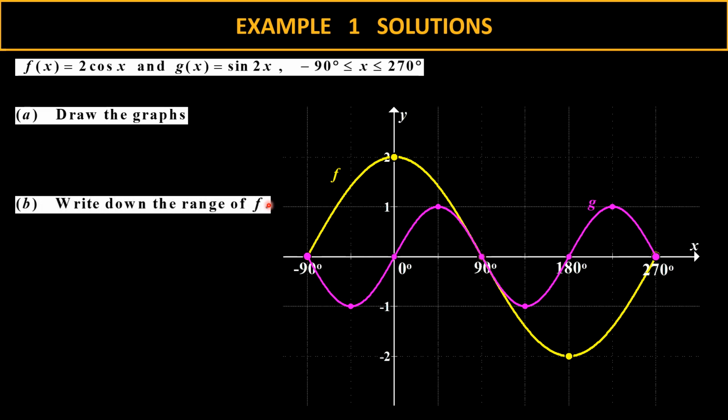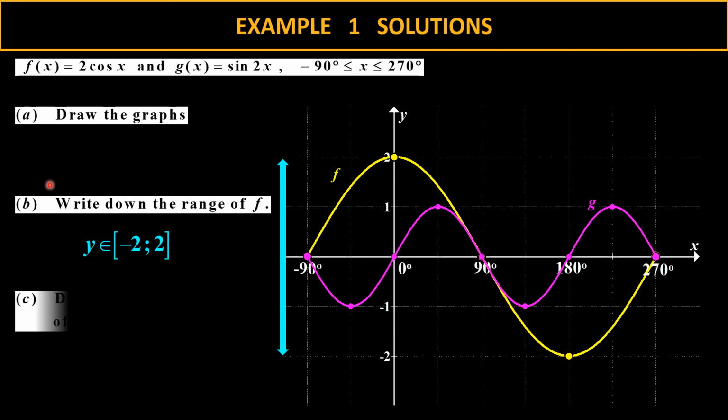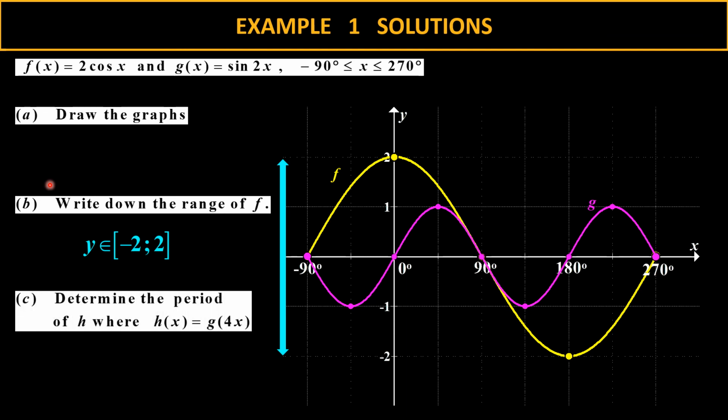Now write down the range, so it should not be difficult. If I look at the f, there's the f, the range, I use my amplitude, and that's correct, there's the range. You can see there, even from the graph you can see it, it's from negative 2 to 2. Next we want to determine the period. Now there's a new function here, h, and they define the h in terms of the g.